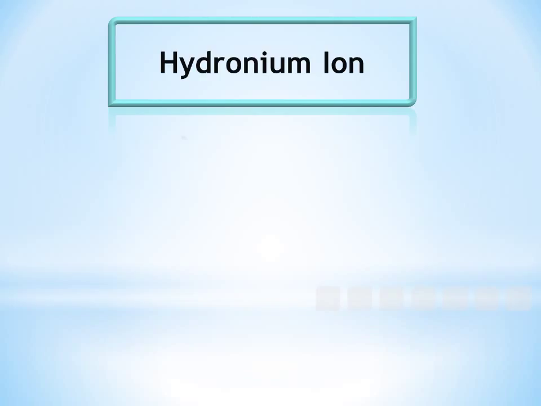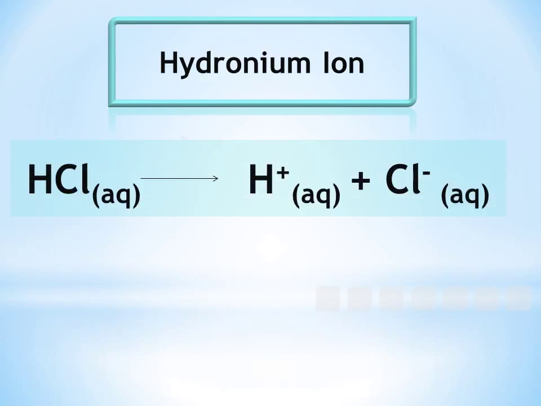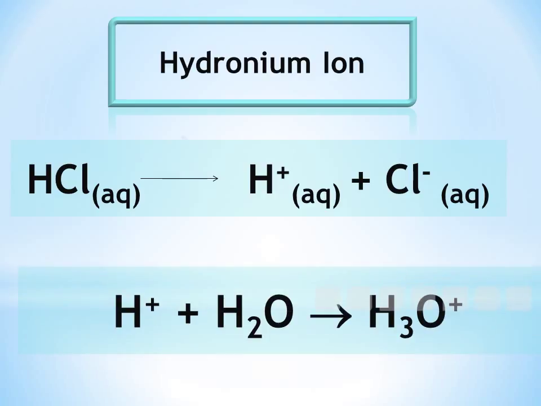Now, for HCl, if you recall, hydrogen group 1, chlorine group 7, HCl is actually a covalently bonded compound, and it does produce H plus, but as it produces H plus, it's highly reactive, and so you never find H plus ions sitting in solution. It always exists as what we call the hydronium ion, which is a complex of H plus and a molecule of water.